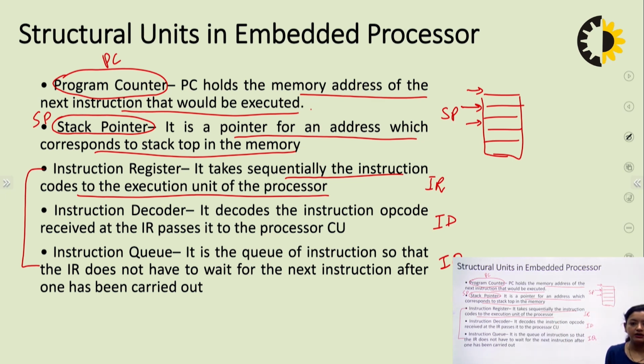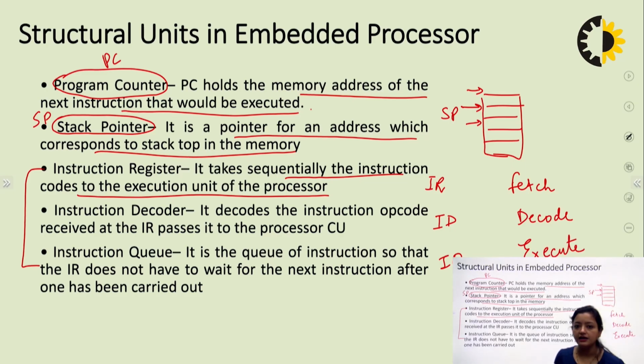So what is the main role of the processor? The role of the processor can be divided into three main steps, that is fetch, decode and execute. What does your processor do? It has to fetch the instruction line by line from the memory, then it has to decode that instruction, and then it has to execute it.